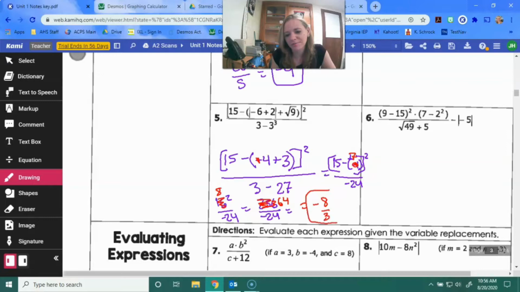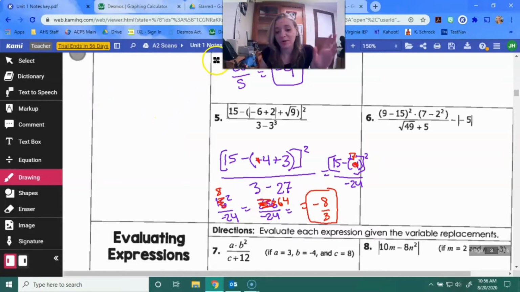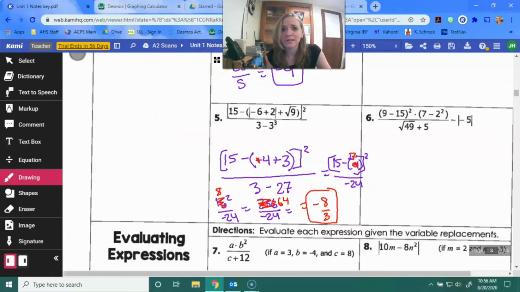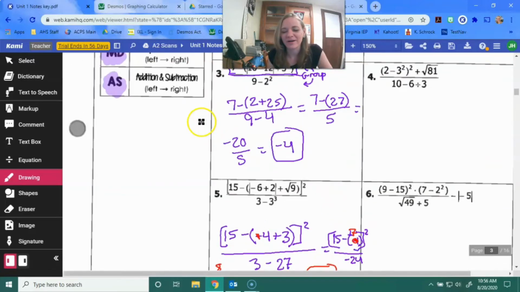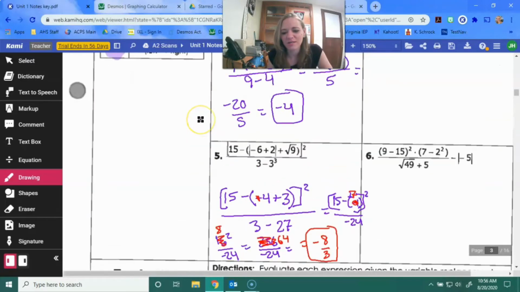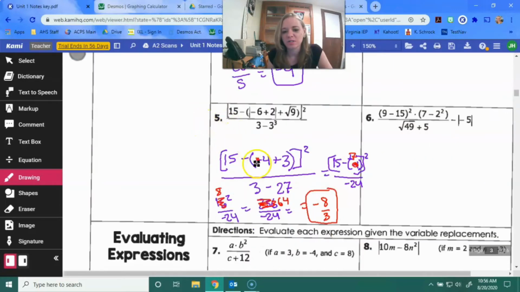All right, so that lesson being said, yes, I do want you to be comfortable with doing these by hand, okay? Some of you may have gone from the very beginning, well, I'll just put that in the calculator. Yeah, you can put it in the calculator. But I have to caution you with a few things, but really the calculator is a great way to check your answer, especially in this case.